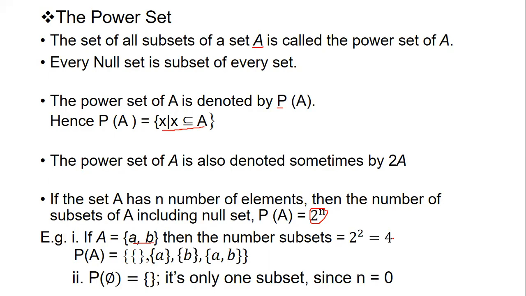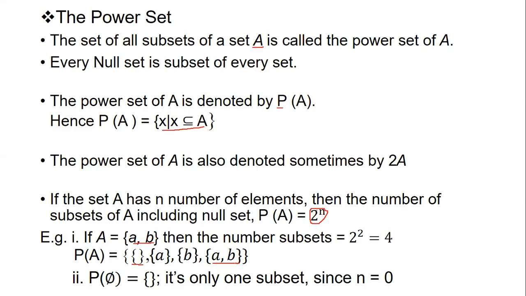And of these 4 possible subsets that we can form from the set A, B, the null set is 1. So that's what you see, the null set here. Then the set itself is also included. That's what you see, the set A, B also here. Then we form the rest from the set.